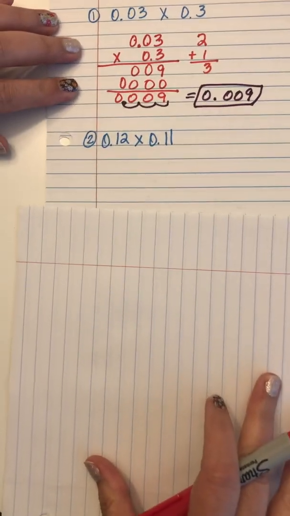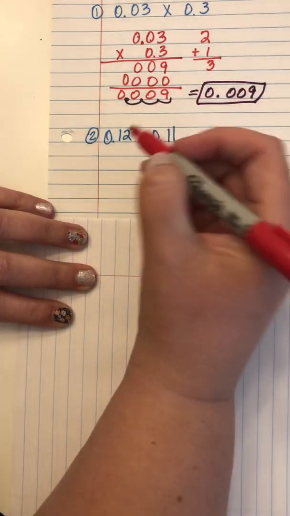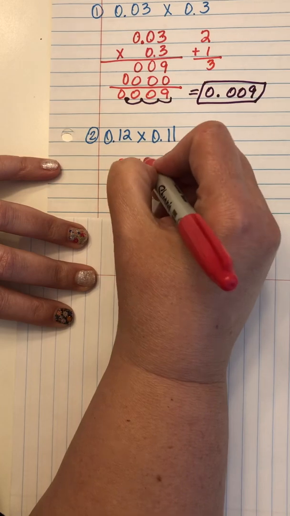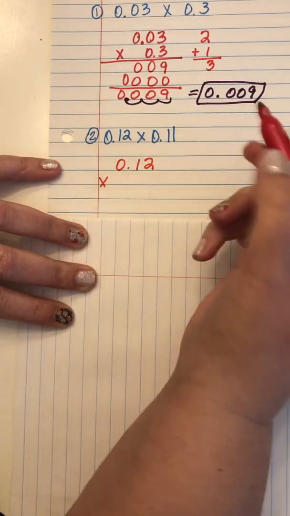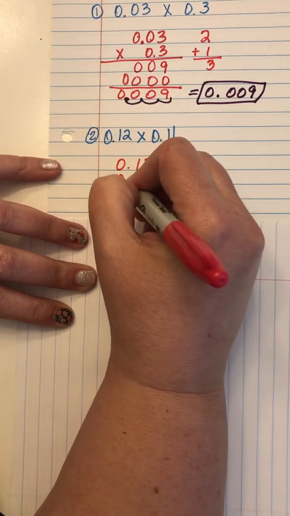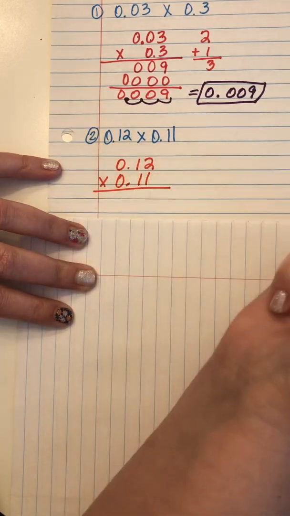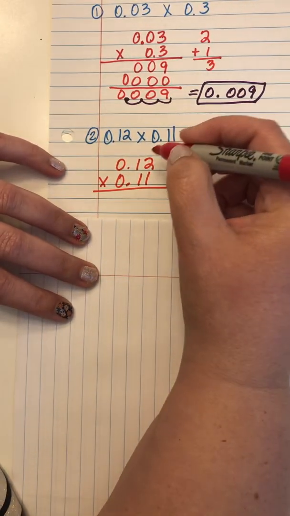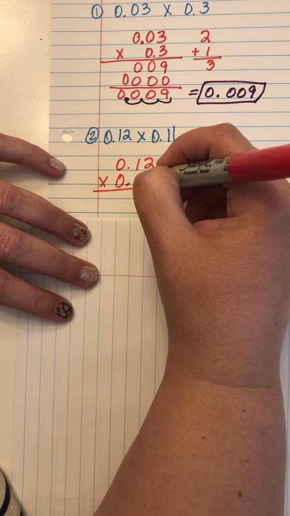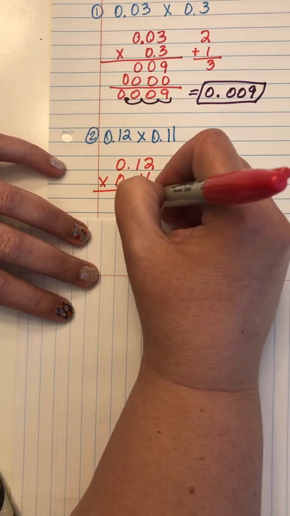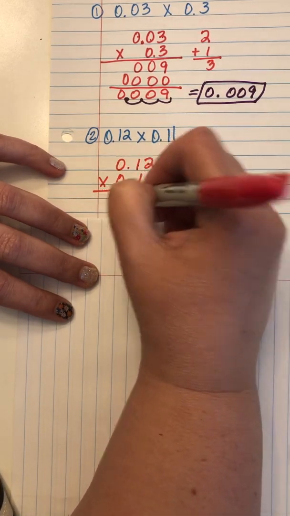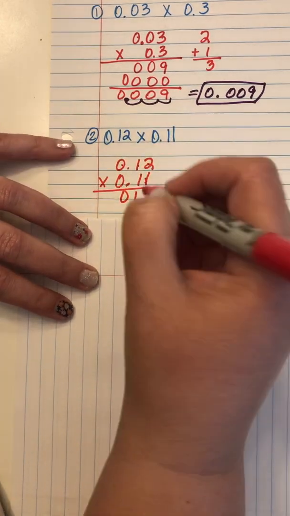Okay, let's look at our next example. Now I have 12/100ths times 11. I am going to go through and multiply. 1 times 2 is 2, 1 times 1 is 1, 1 times 0 is 0.